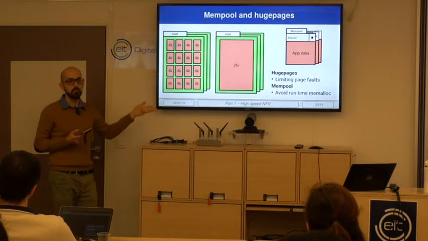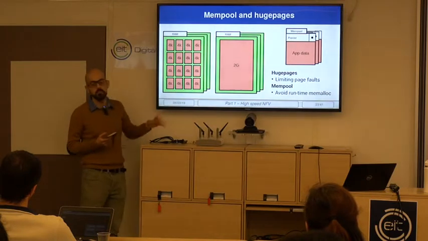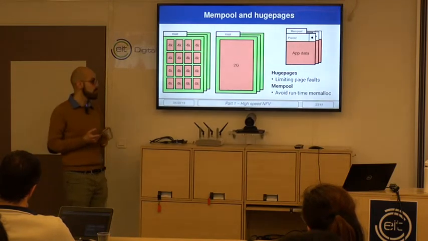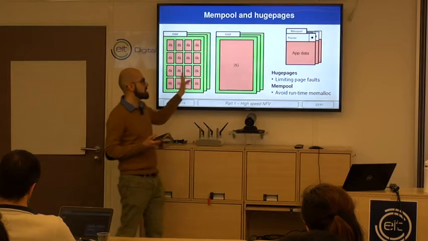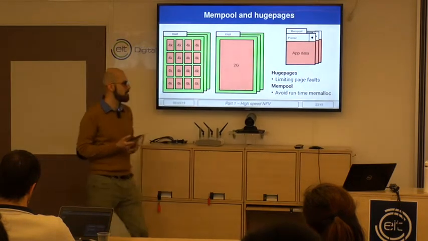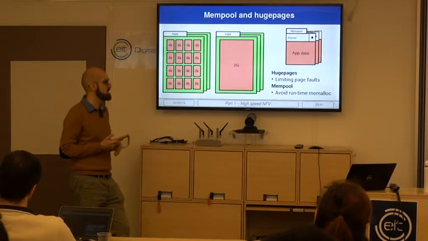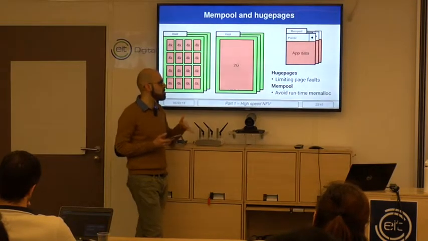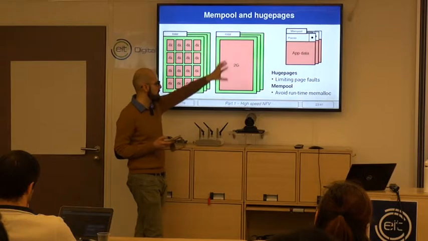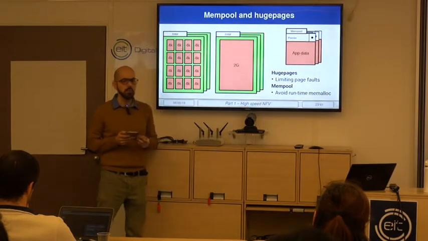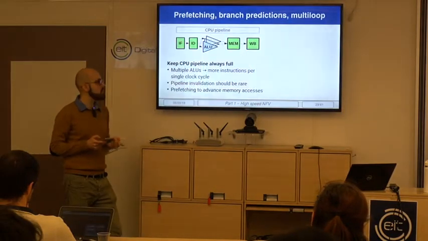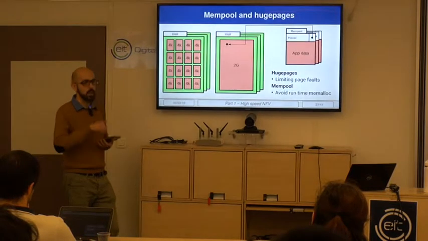A page fault occurs, and then the page should be replaced with another portion of memory. We can just allocate a huge page, hence the name huge pages, to limit page faults. And we can even make use of mempools and the pre-allocation of a bunch of this memory to avoid runtime allocation of memory.